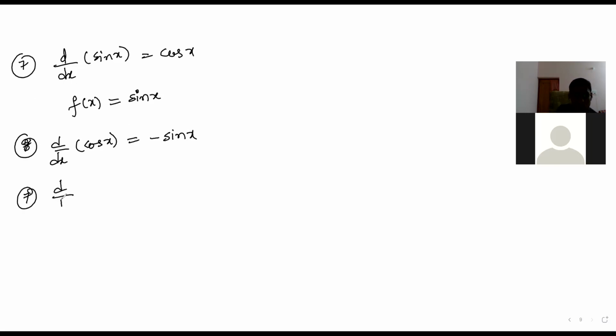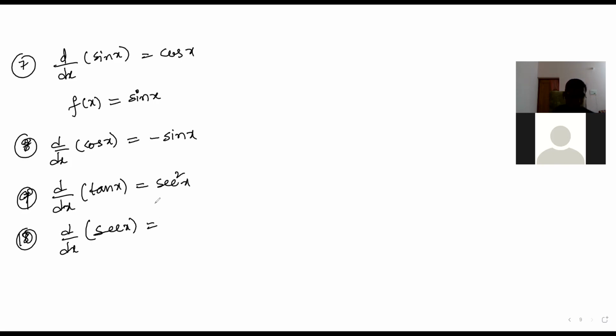Next, d by dx of tan x, we should know. For tan x, differentiation is secant square x. Next, this you should know. d by dx of secant x is secant x tan x.